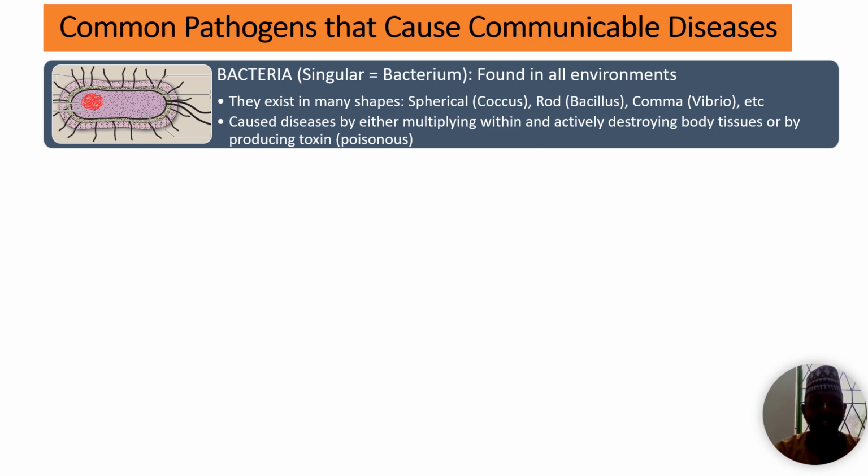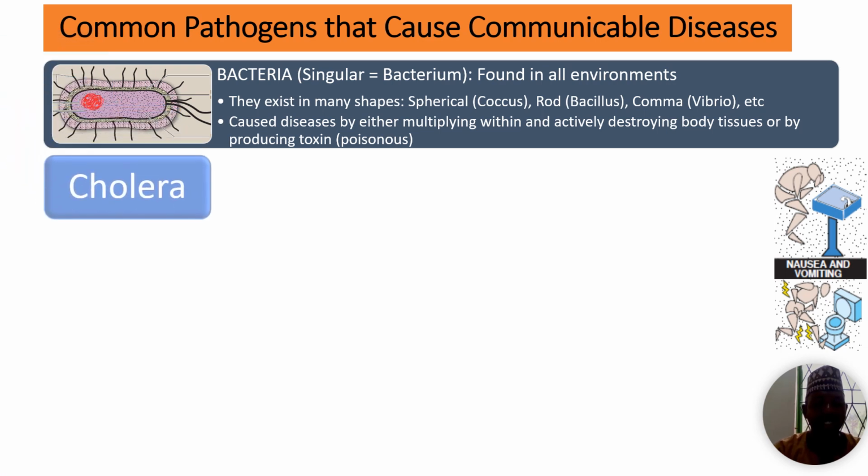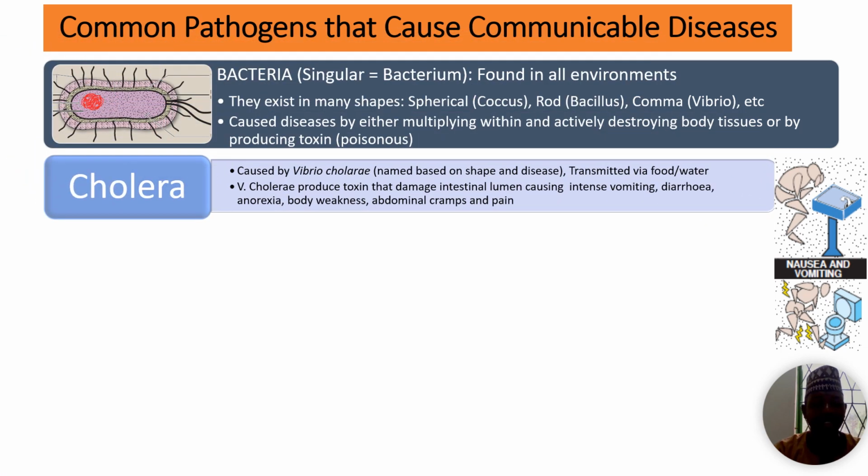Now let's look at some of the common bacterial diseases in our environment. The first one here is cholera. Cholera is one of the most common bacterial diseases in the environment that affects the gastrointestinal tract, and it is characterized by intense vomiting, diarrhea, anorexia, body weakness, abdominal cramps, and pain.